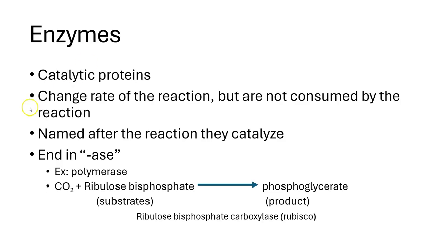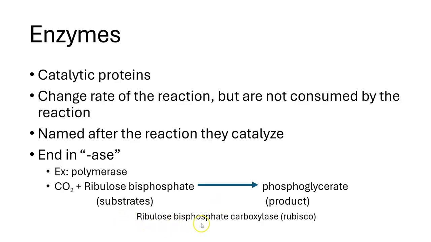So I have here the example of polymerase. I was just talking about DNA polymerase, so the ASE on the end. Later on, we'll talk about this reaction here where we have carbon dioxide and ribulose biphosphate. These two molecules are going to be converted to this phosphoglycerate molecule, and we're going to use this enzyme to do it.